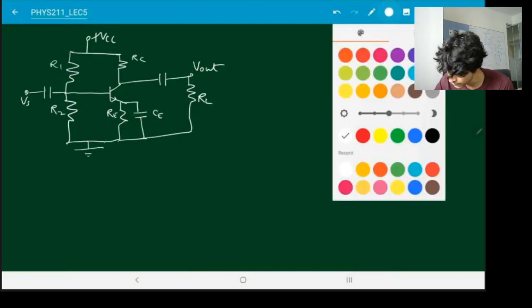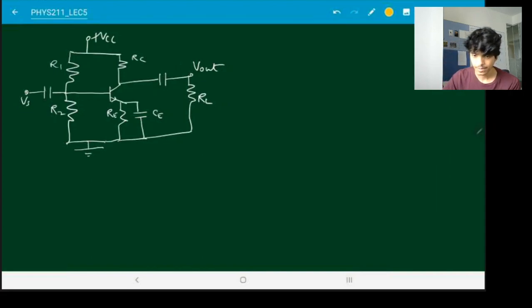Let's put down certain values for all these parameters. R1 I'm calling 8 kilo ohms. R2 is 2 kilo ohms. RC is 3 kilo ohms. RE is 1 kilo ohm. RL is 6 kilo ohms.